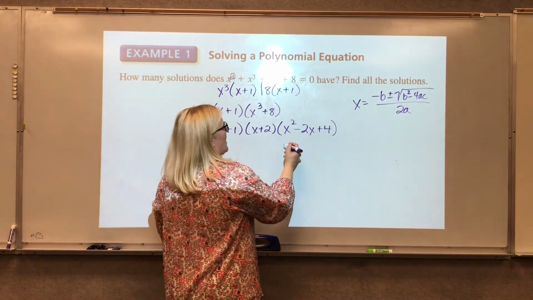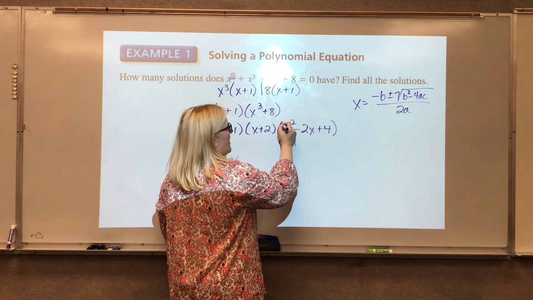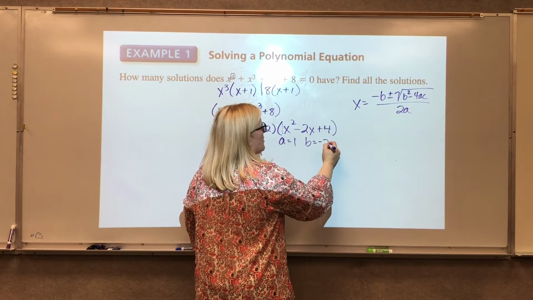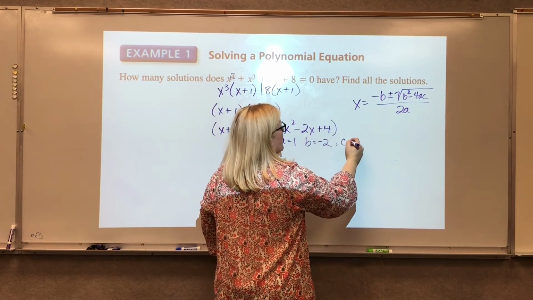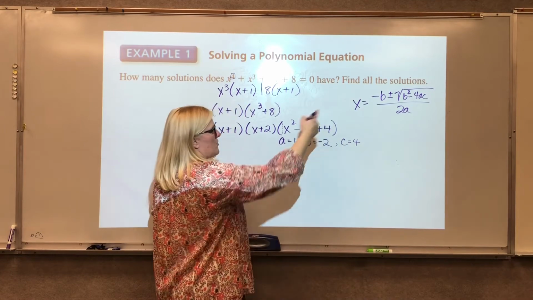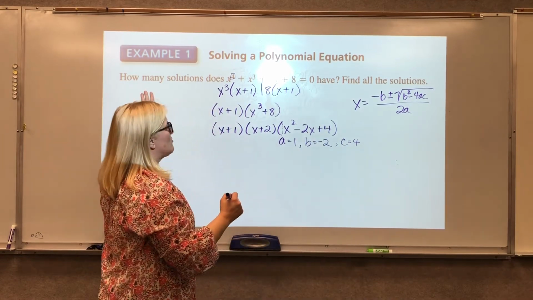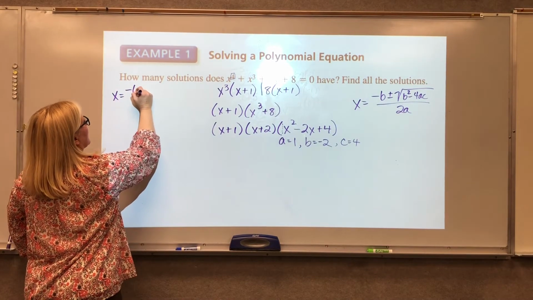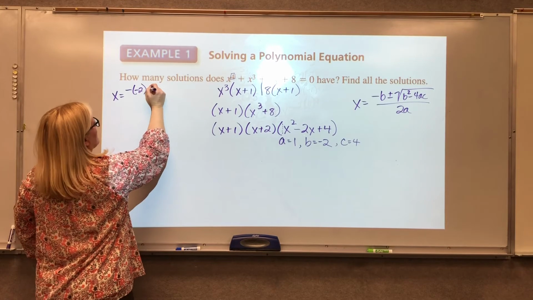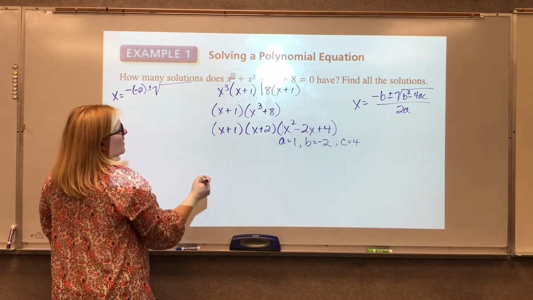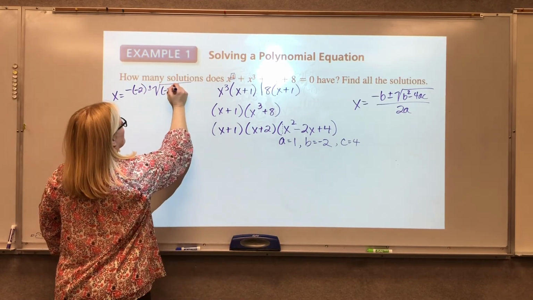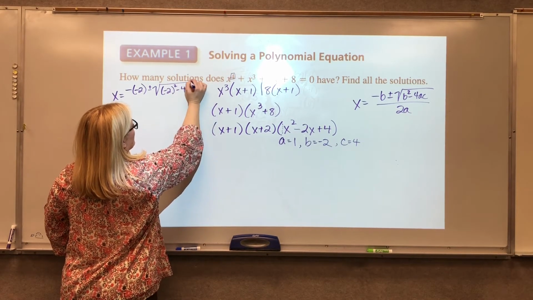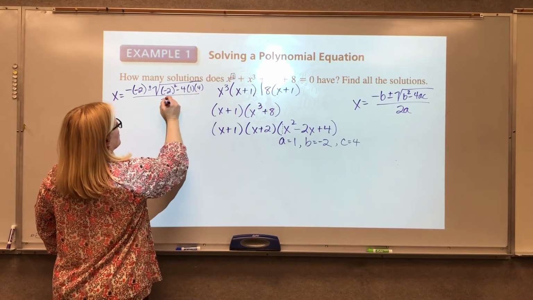Okay, so in this case, a is 1. That's this invisible one right here. B is in the middle, so b is negative 2. And c is 4. So now I'm going to put it into the formula. And I'm actually going to move over here so I can be a little bit higher. So x equals negative 2, which is negative 2, plus or minus the square root of b squared minus 4 times a times c over 2a.